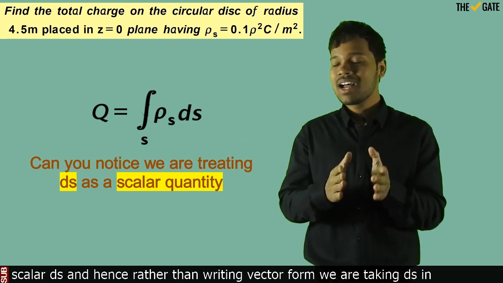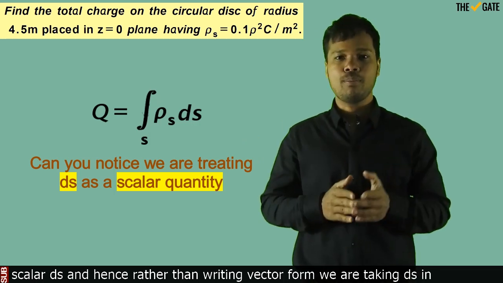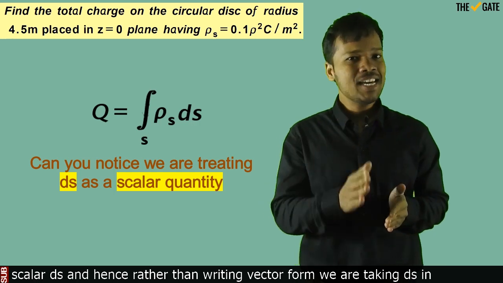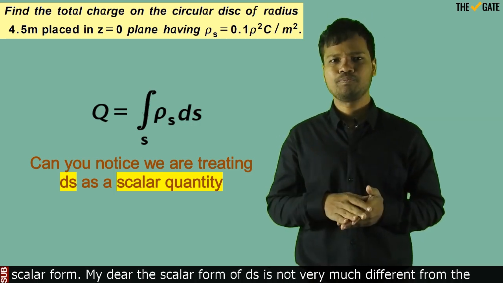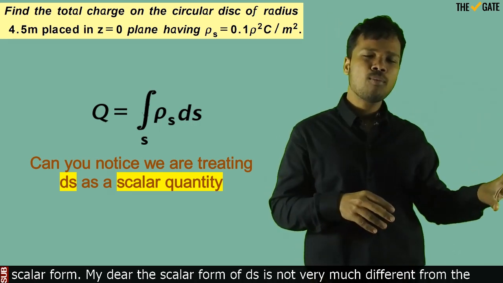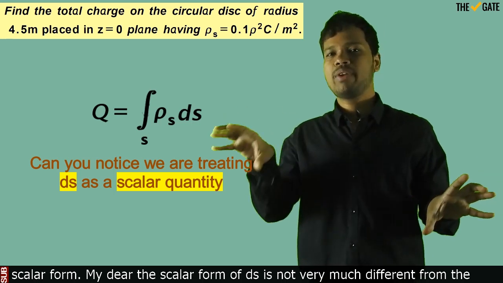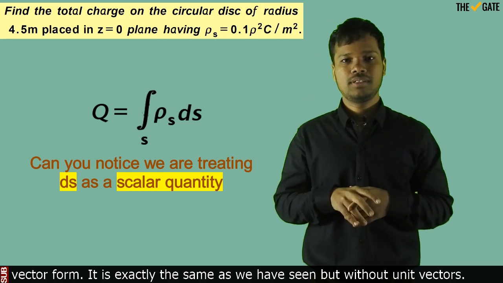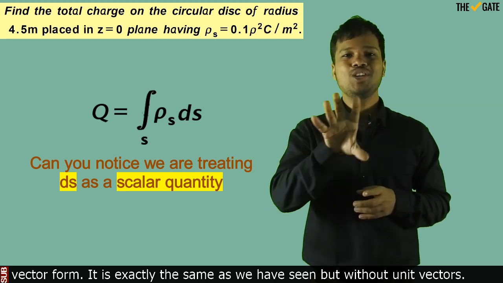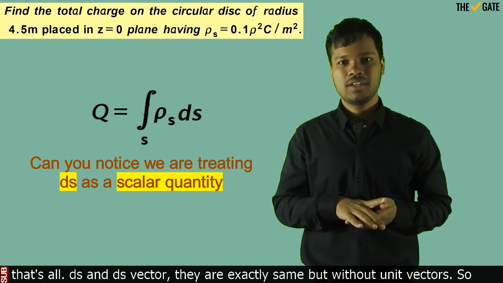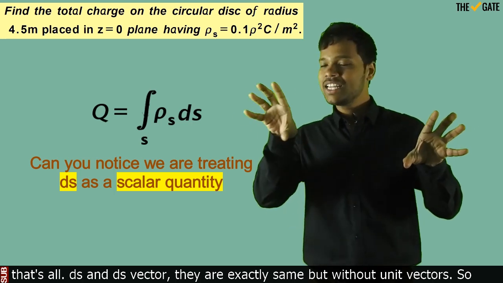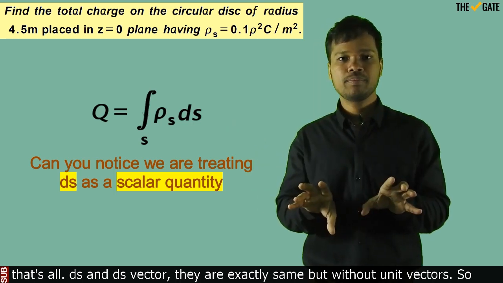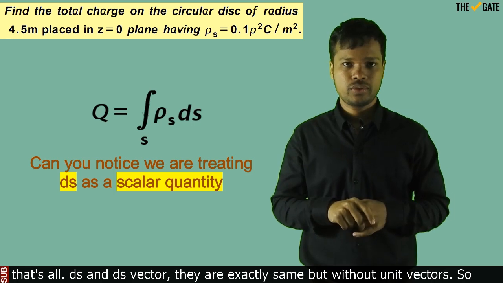Hence, rather than writing the vector form, we are taking ds in scalar form. My dear, the scalar form of ds is not very different from the vector form. It is exactly the same as we have seen, but without unit vectors. That's all. ds and ds vector are exactly the same but without unit vectors.